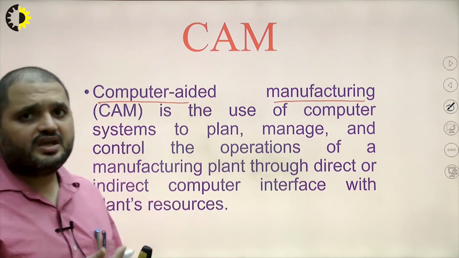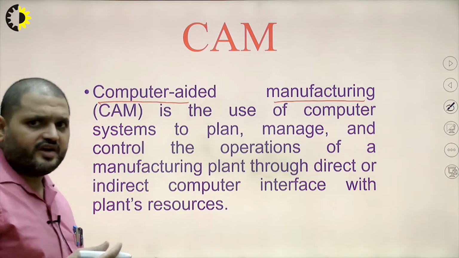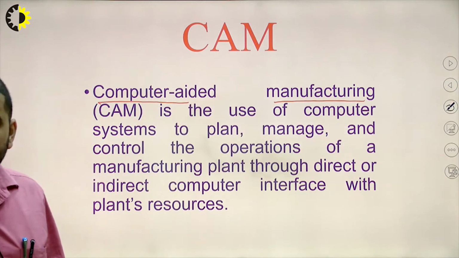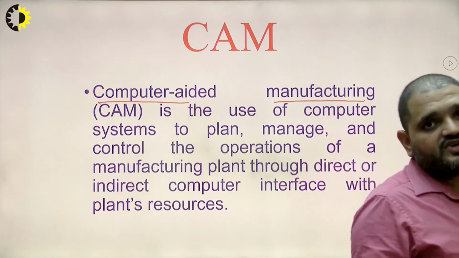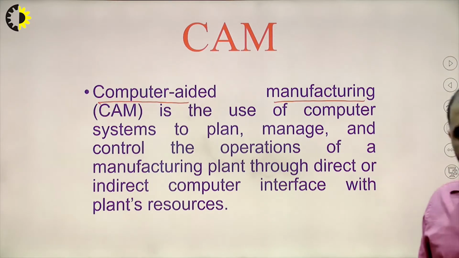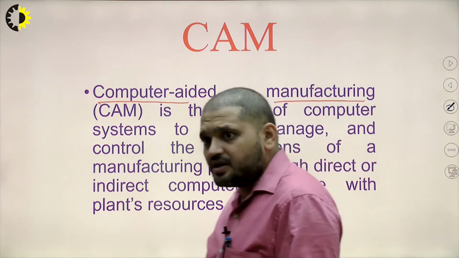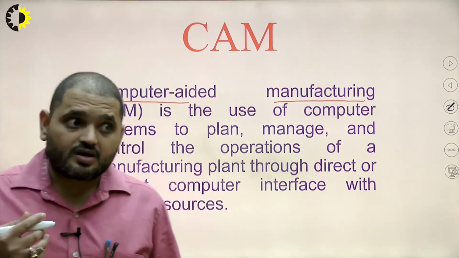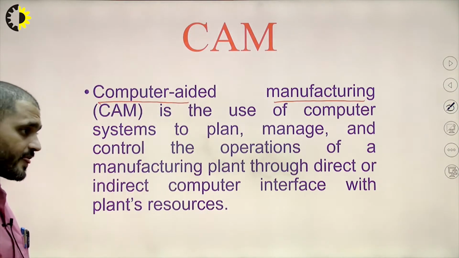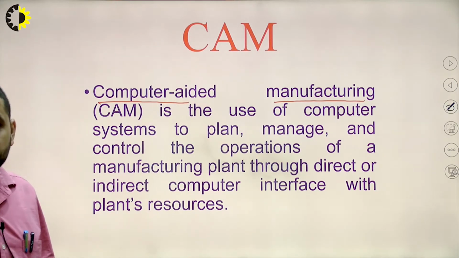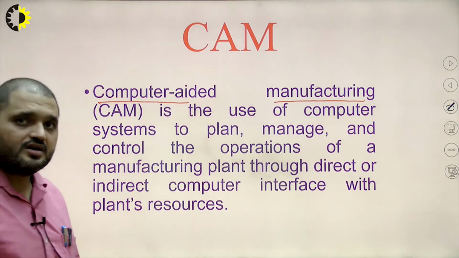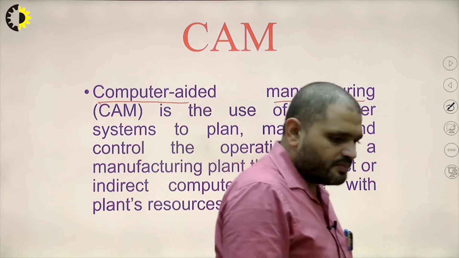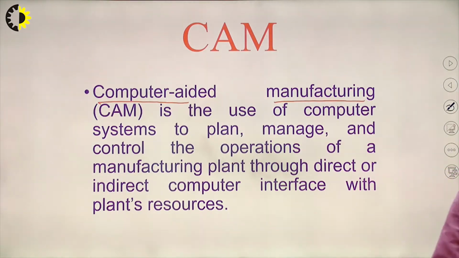Many actuating systems and drives present in the machines are controlled by computers these days. With the help of computers we can control the movement of the machine, so that a product which was difficult or impossible to manufacture using a conventional machine can now be manufactured using computer aided manufacturing technology.